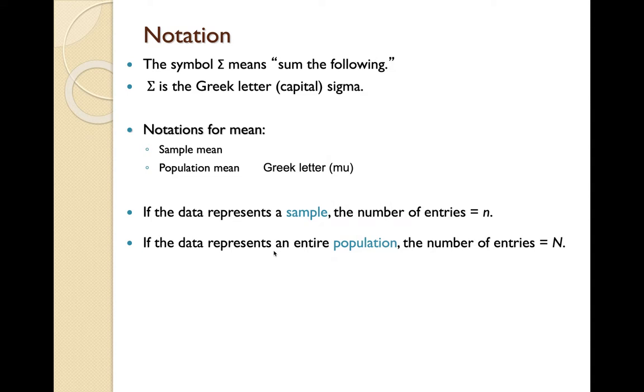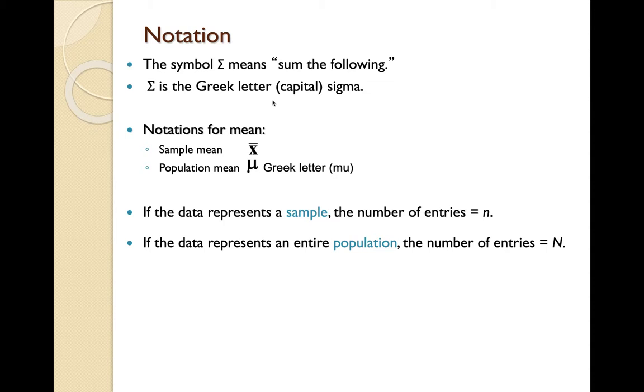All right, so just a little notation. This Greek symbol here is capital sigma, and it means sum the following. Later we'll talk about baby sigma. There are a couple of notations. For the sample mean, it is x bar, and for the population mean, it's mu.